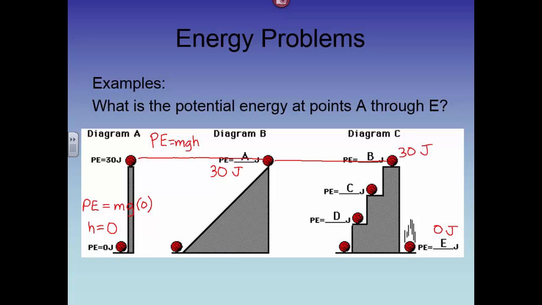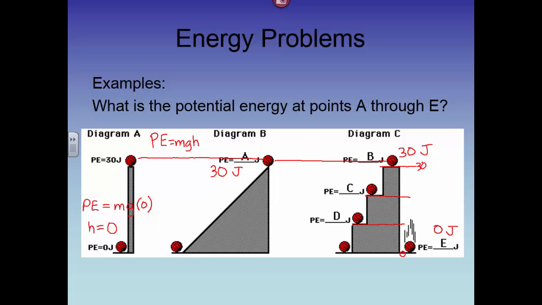And now we've got to figure out what's the potential energy in between. What's the potential energy at C and D? This one's a little bit harder, but if you look at the steps, they are approximately a third up. So if we've got 0 on the bottom and 30 on the top, what could we count by to give us equal divisions?